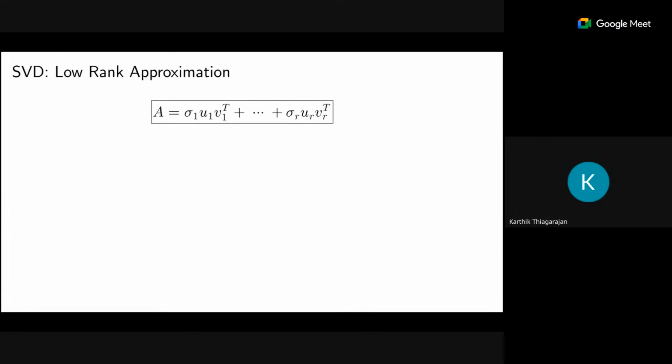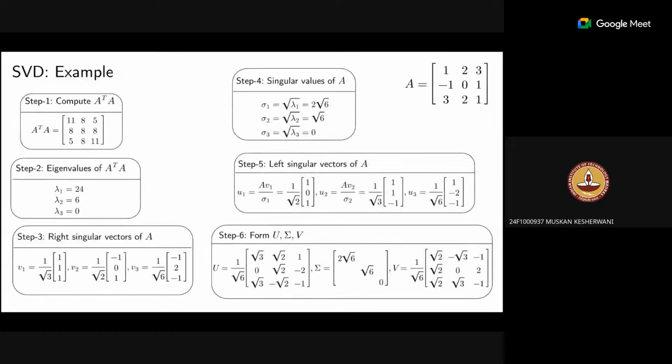Please open the last page. We found v1 and u1, all the vi's and ui's. How do you put the values in matrix form? You just plug in u1 into the first column, u2 into the second column, u3 into the third column.